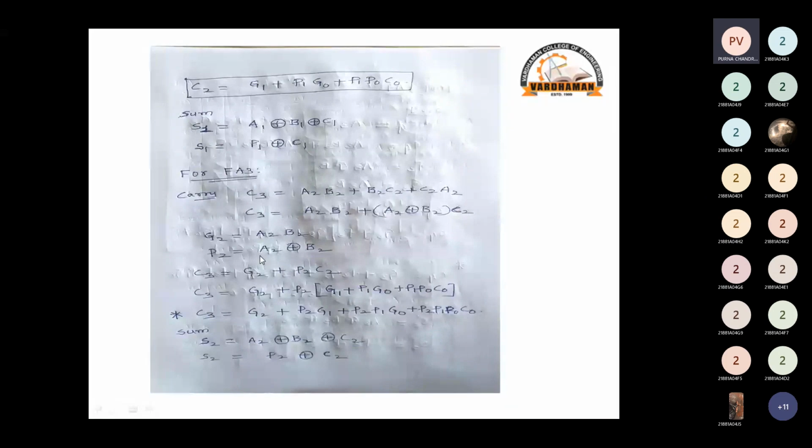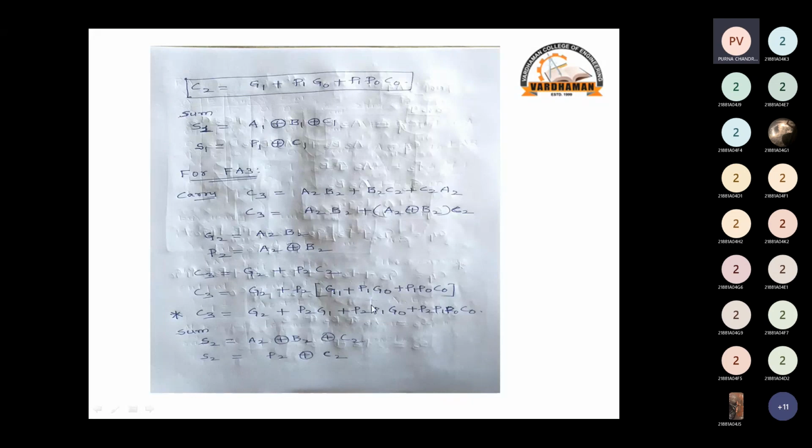Now in place of C2, substitute the expression G1 plus P1 G0 plus P1 P0 C0. When you substitute, C3 is equal to G2 plus P2 G1 plus P2 P1 G0 plus P2 P1 P0 C0.